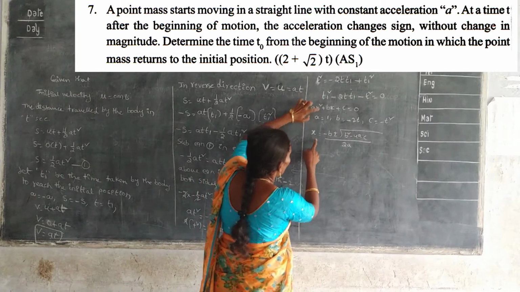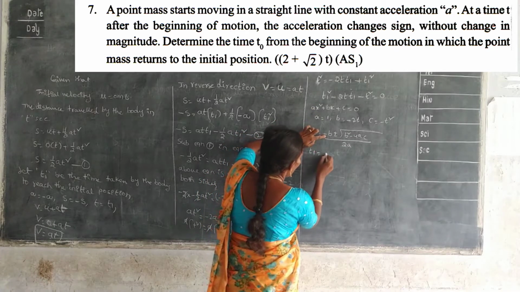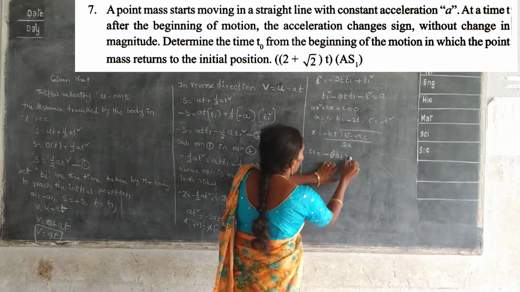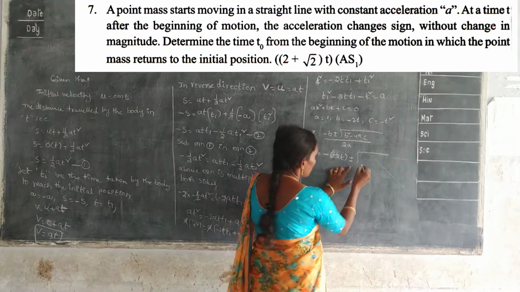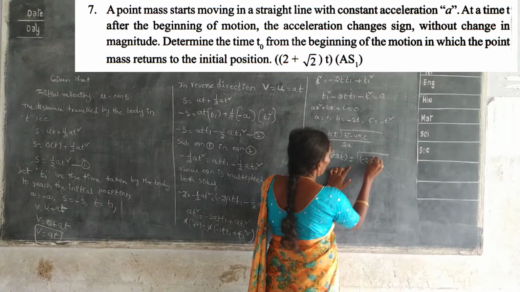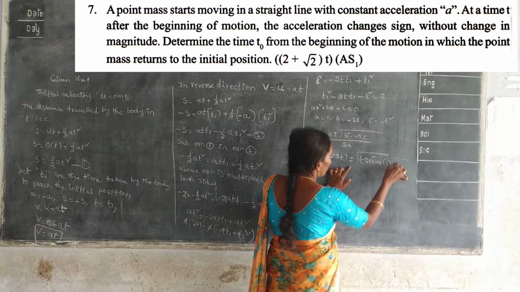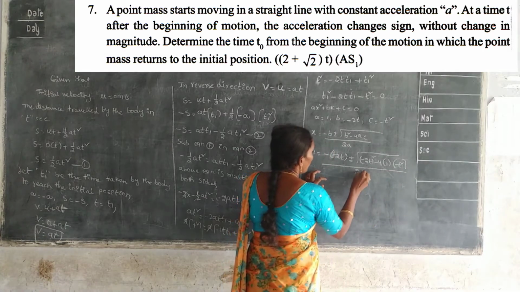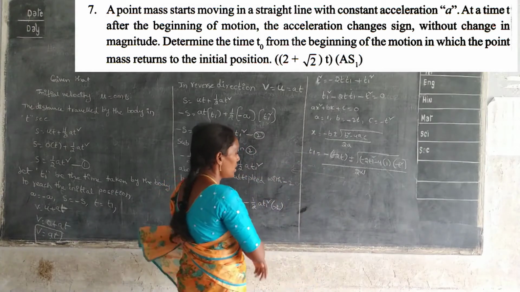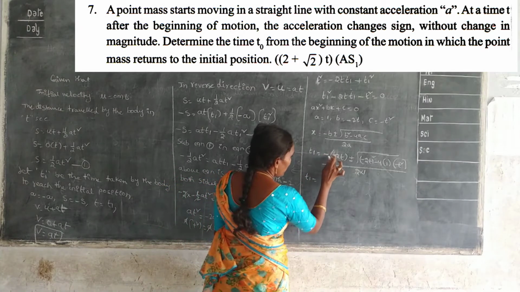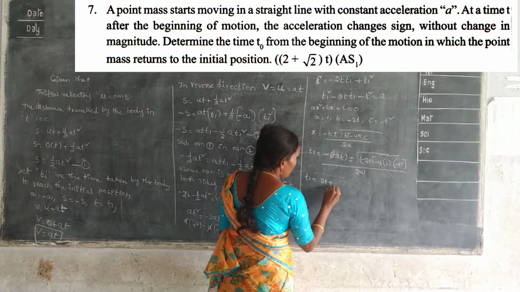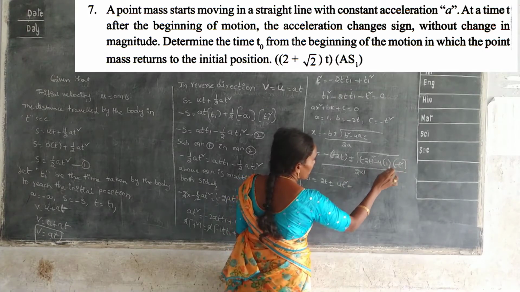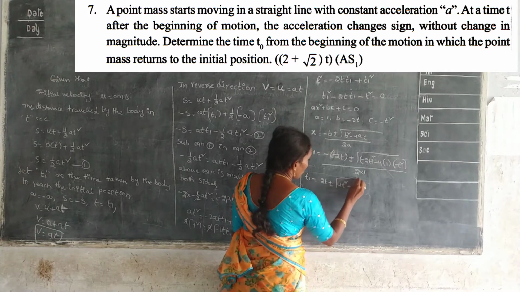Here x means t1. t1 is equal to minus b, meaning minus of minus 2t, plus or minus root of b square, meaning minus 2t whole square, minus 4 into a, meaning 1, into c, meaning minus t square, by 2 into 1. So t1 is equal to 2t plus or minus root of 4t square plus 4t square, by 2.